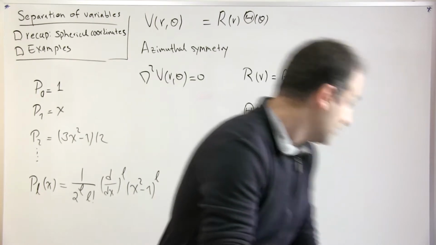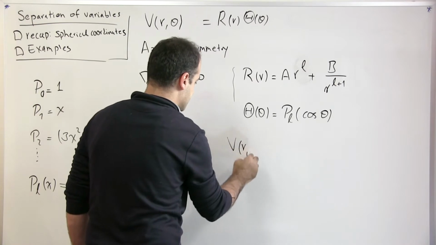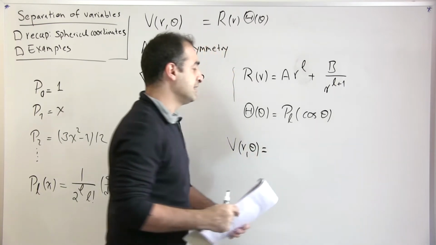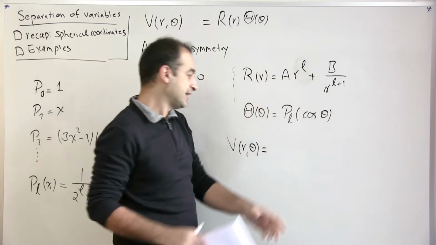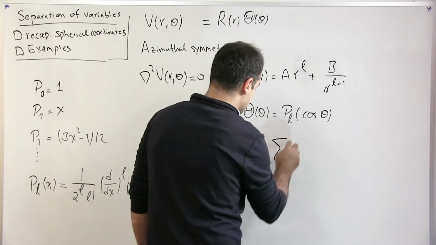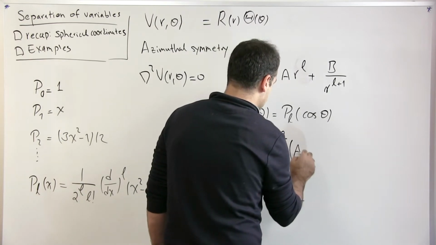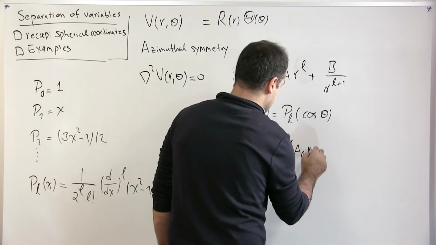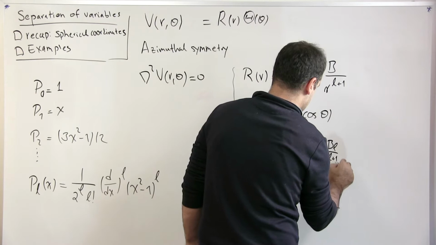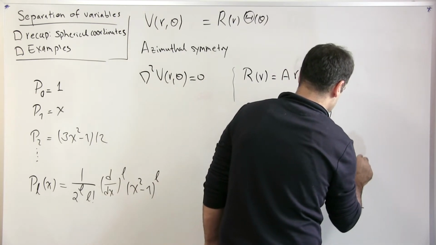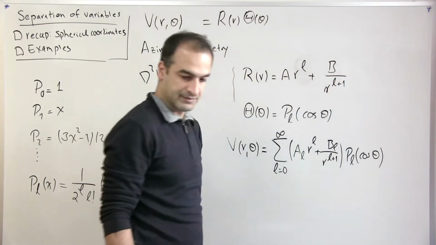Sounds good? The combination of the two means that the general solution for the potential as a function of r and theta can be defined as a linear combination of these over different L values. So you can do the sum over L from 0 to infinity. The r component gives us A_L r to the L, and the second term is B_L over r to the L plus 1, times P_L of cosine theta.